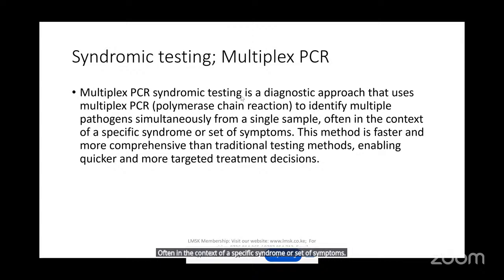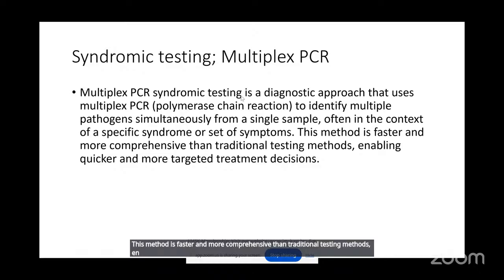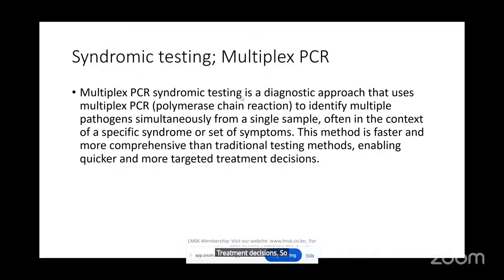This method is faster and more comprehensive than traditional testing methods, enabling quicker and more targeted treatment decisions. So you'll have different profiles for different syndromes, and I can mention maybe Biomiro that uses multiplex PCR as the principle for its molecular identification techniques.